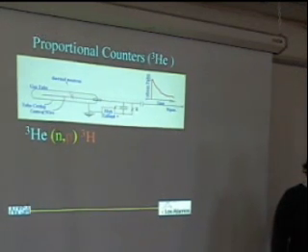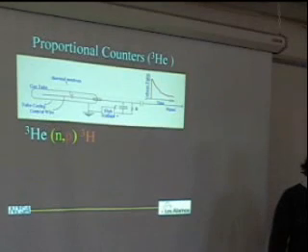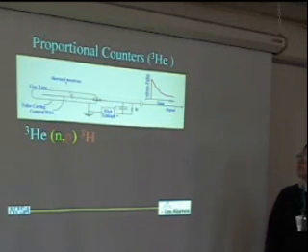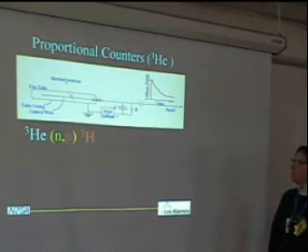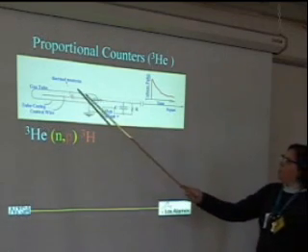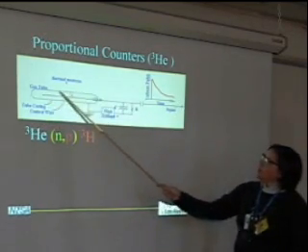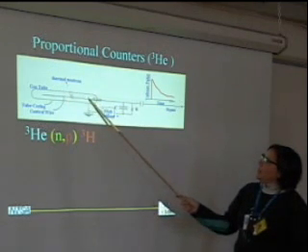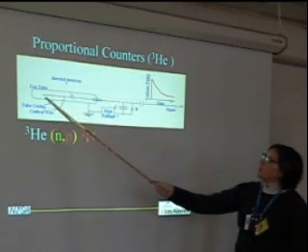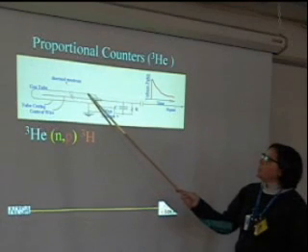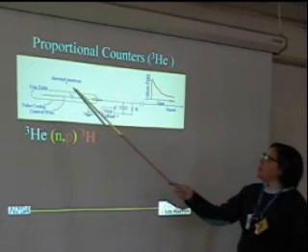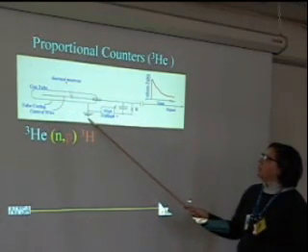The detection technique that's used most often in this group is helium-3 tubes, or proportional counters. You have a volume with a gas in it, and then you have essentially a charged wire running down the center of it, and the outside walls are connected to ground.